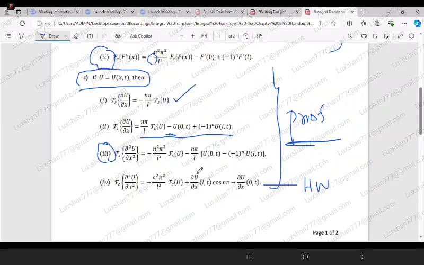So we have to multiply by minus n pi over L. Therefore, if I want to multiply by minus n pi over L, then sorry, this should be plus. I'm sorry. You check this one, okay? Please check these two, but this one is correct almost. I think this one is minus because we are multiplying by minus n pi over L now. So when you multiply by minus n pi over L, this will be there. So I think there should be plus here. Please check this also.